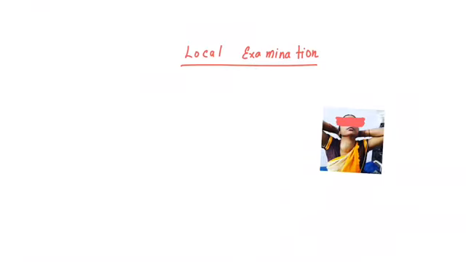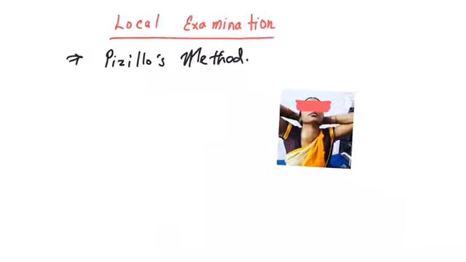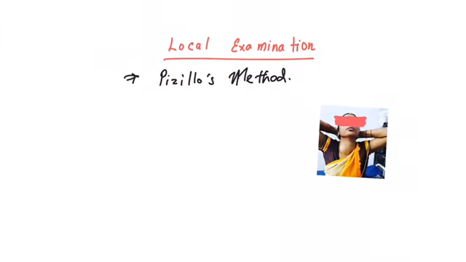Now, local examination of a thyroid swelling shall be carried out similar to that for any other swelling. But here in discussion, I will be highlighting the most important points that you have to keep in mind. First of all, you need to know what is Pemberton's method for inspection of a thyroid swelling. For that, you need to see this picture.